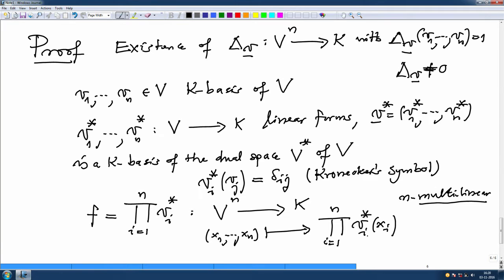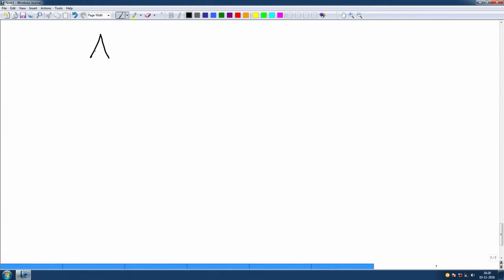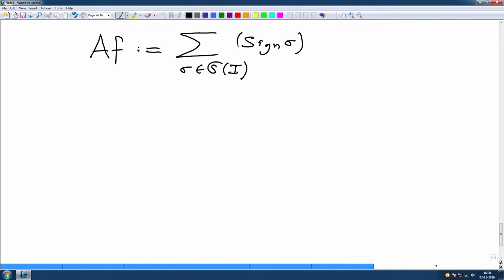Because the Vi's are linear and the product is distributive, once I have a multilinear map, we know how to make it alternating. Last lecture we had this recipe: AF is by definition the summation over sigma in Sn of sgn sigma times sigma f.